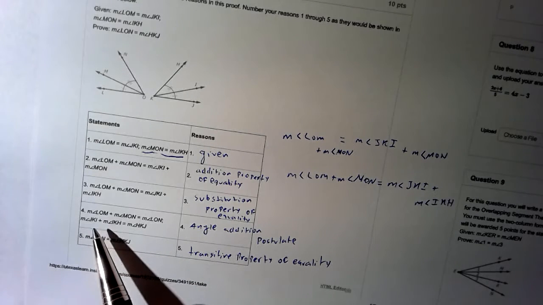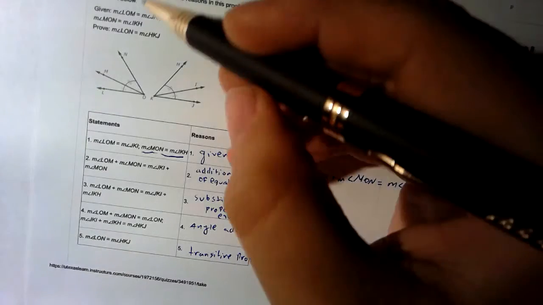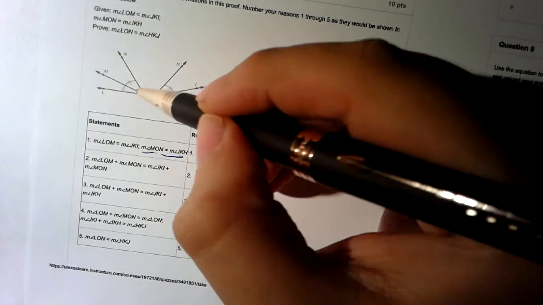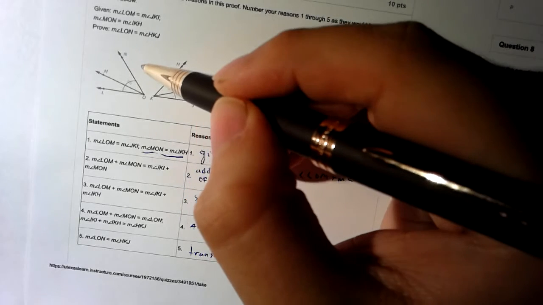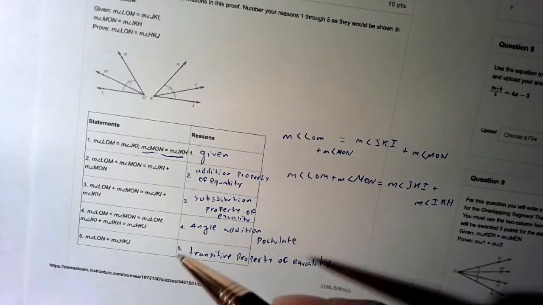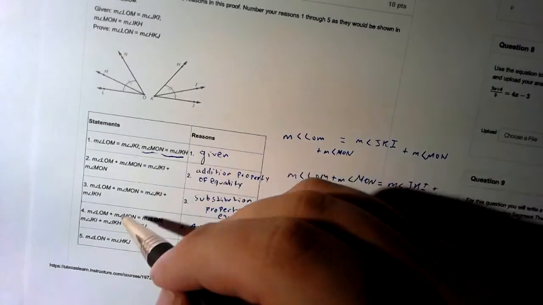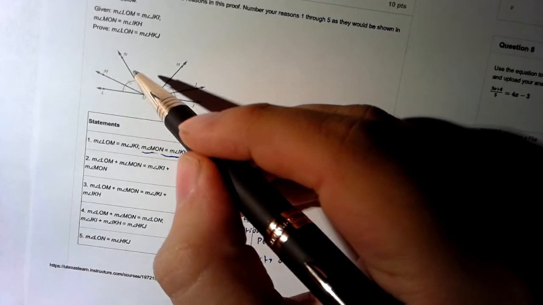Now this one says measure of angle LOM plus measure of angle MON. Wait, sorry, I feel like I'm missing something. Oh, they're putting two different statements here. The first one is LOM plus MON equals LON.